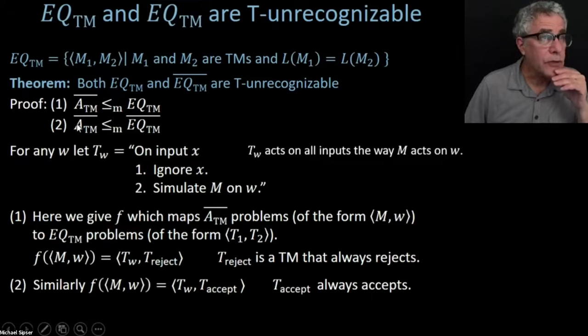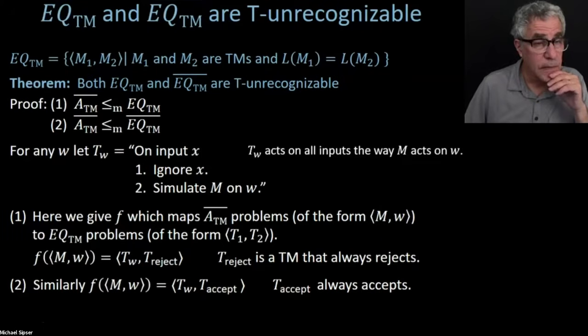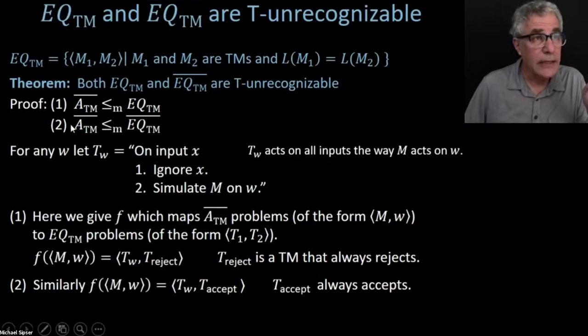I want to mapping reduce the complement of ATM to the complement of Eqtm. By the way, as we pointed out in the check-in a while back, that's completely equivalent to having a mapping reduction from ATM to Eqtm. You can complement both sides and you get an equivalent statement.